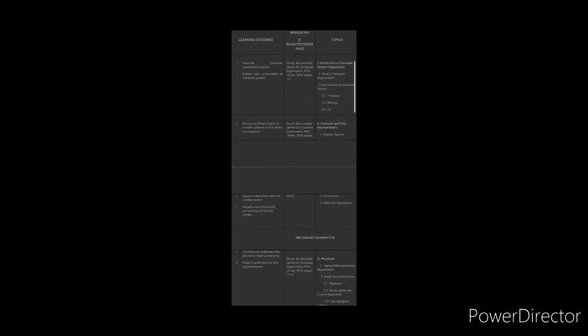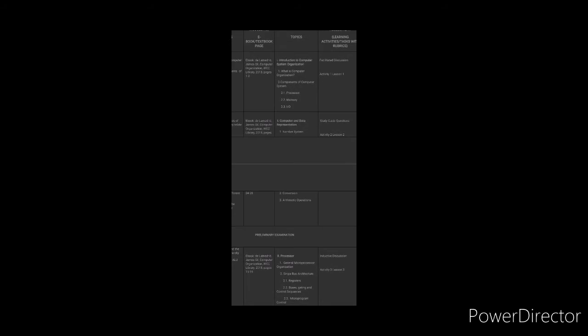And for our 3rd to 5th week, you need to recognize different types of number systems as they relate to computers, convert values from different number systems, classify and compute the performance of number systems.